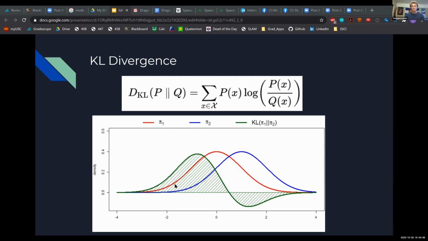I have a question. Could you remind me what happens when Q of X is 0? When Q of X is 0, it goes to infinity. And that's an edge case that I haven't thought about. I'm pretty sure, I actually do not know exactly how they avoid that issue with the KL divergence.